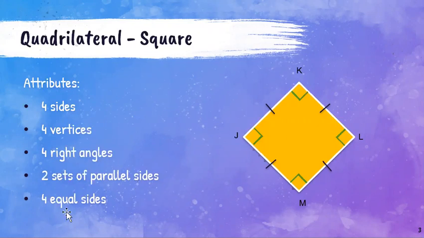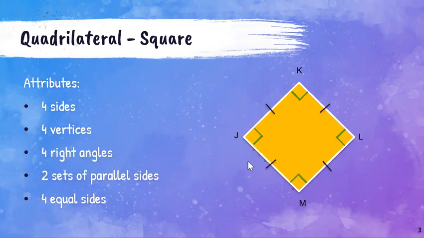And then a square also has four equal sides. So all of these sides are equal. So in this case, if JK had a length of 3, then KL would be 3, LM would be 3, and MJ would be 3, right? They would all be 3.